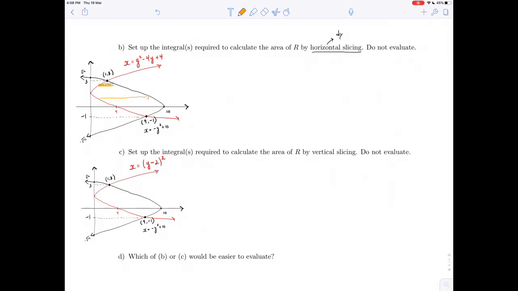And I want us to notice that no matter where in the region we draw our rectangles, the right curve is always the parabola in black, and the red curve is always the left curve.